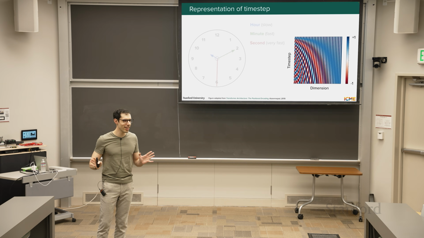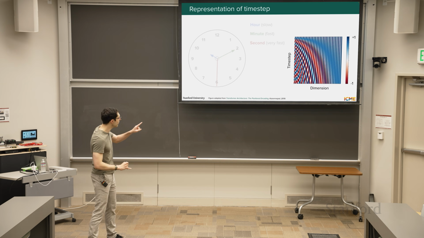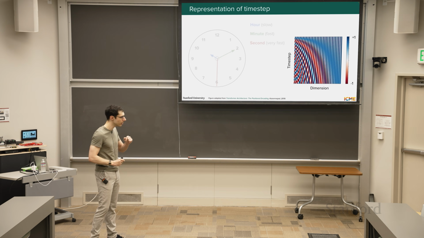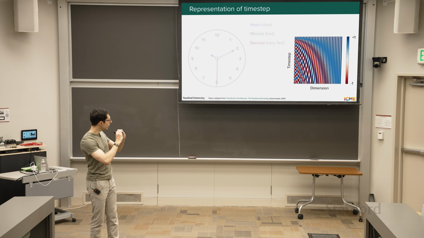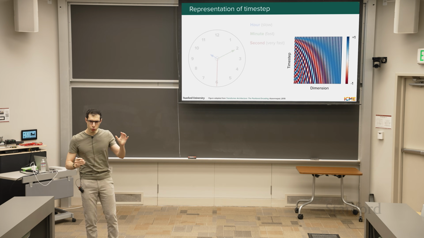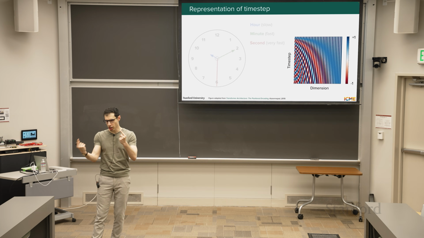Is that motivating example intuitive enough for this to make sense? Let me tell you what that illustration represents. If you take a single row, you have an illustration of the values of each dimension.